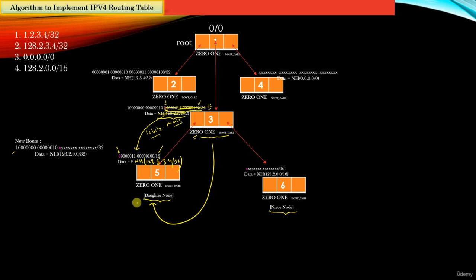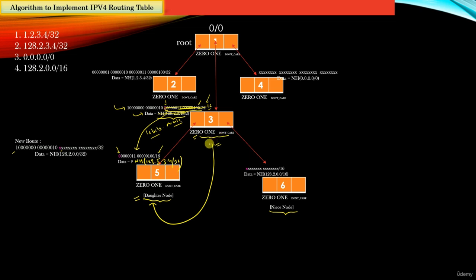So this was the story of the daughter node. The daughter node borrows 3 things from the parent node. The first is the bits from the effective prefix of the parent node. The second is the data of the parent node. And the third is the children of the parent node. And obviously the prefix length of the parent node would get reduced after a split, depending on how many bits have been transferred to the daughter node.